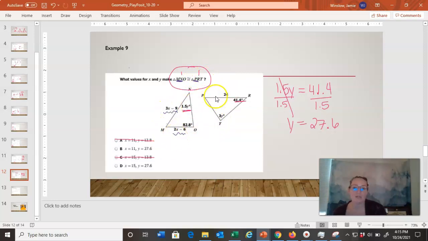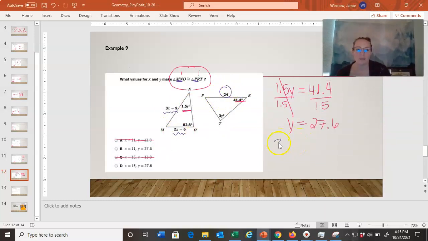But let's use 3x minus 9 and 24. Now, if they're congruent, which they're saying they should prove it to me, then that means they're equal. So we're going to set it equal and solve for the value of x that makes this true. So we want to get x by itself.